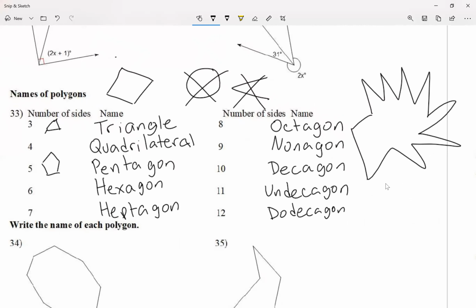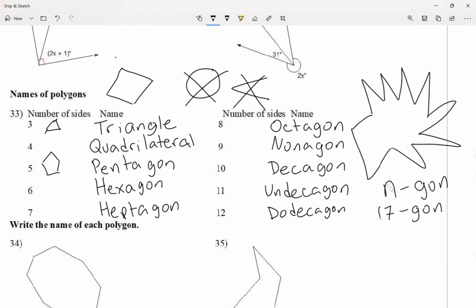A polygon can have more than 12 sides. Anything more than 12, we're just going to call this n-gon. N is the number of sides it has. So a 17-gon, I'm just going to call that 17 dash gon. Right? 50-gon, 50 dash gon. So those are the names we're going to be using.